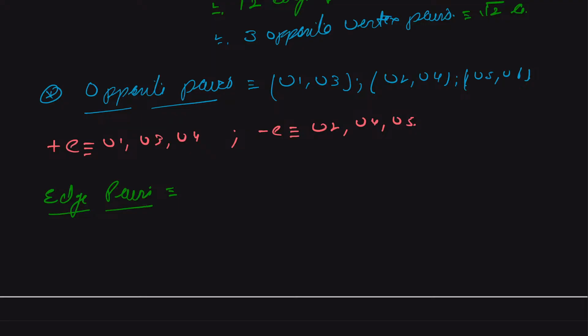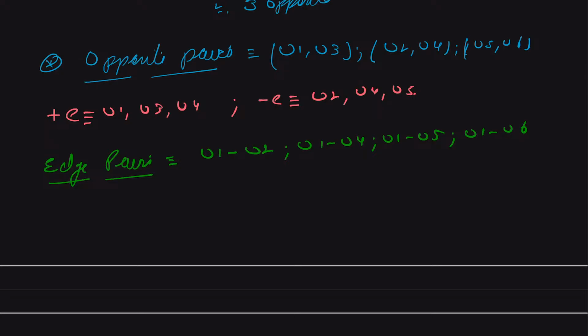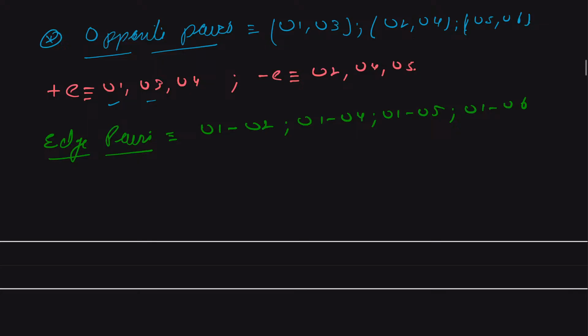We are going to start with V1: V1 with V2, V1 with V4, V1 with V5, and V1 with V6. We have already done V1. Now we do V3: V3 with V2 and V3 with V4.